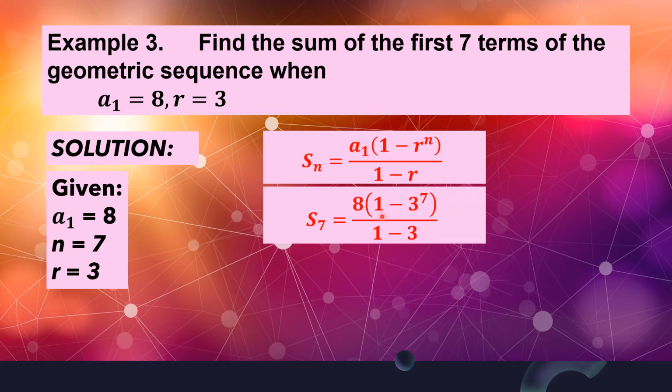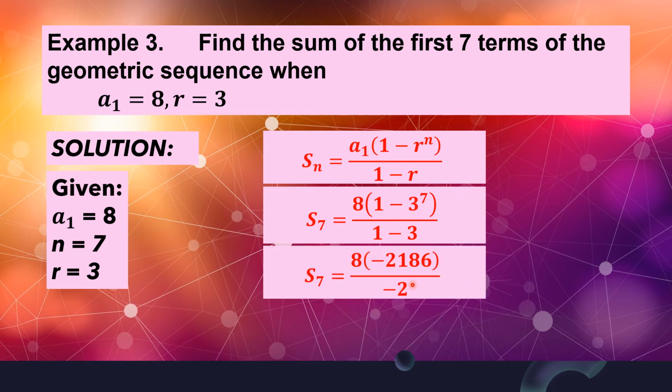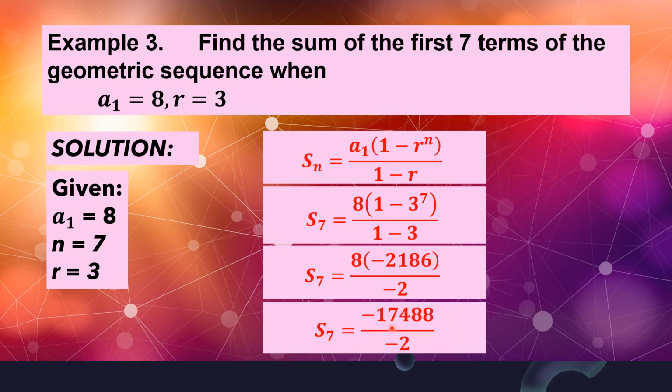Simplifying this, 1 minus 3 raised to 7 is equal to negative 2,186 times 8. 1 minus 3 is equal to negative 2. Multiplying 8 to negative 2,186 is equal to negative 17,488 over negative 2.